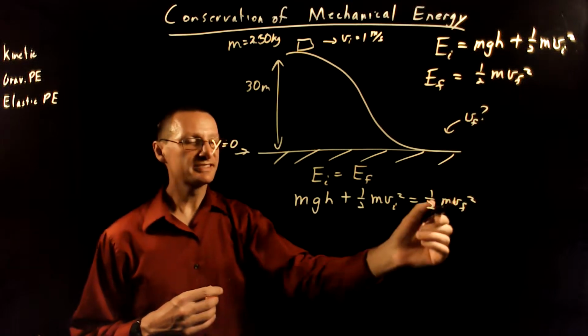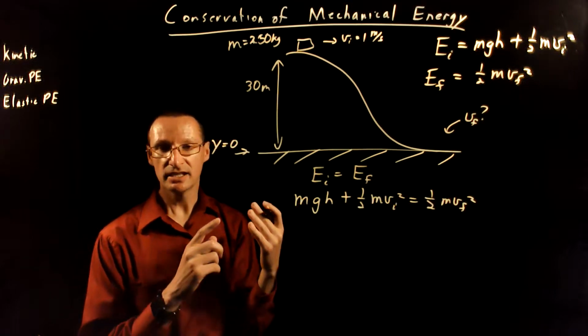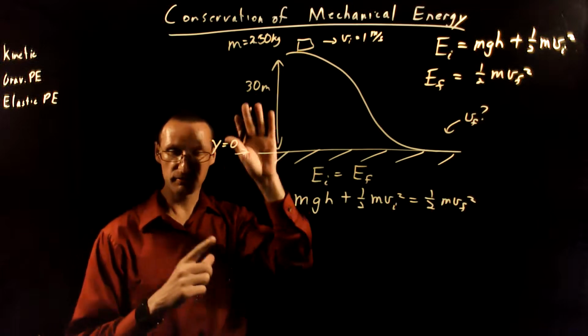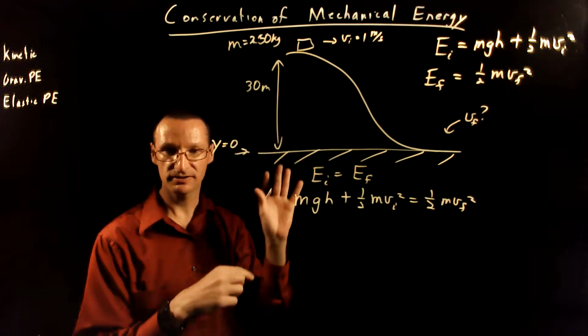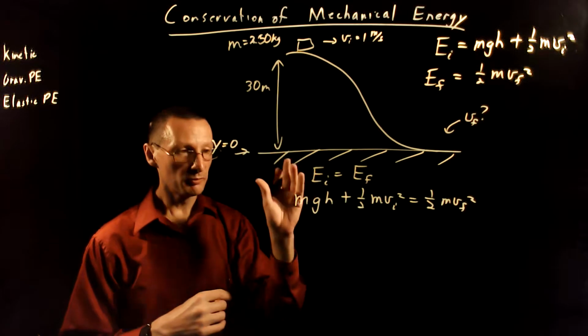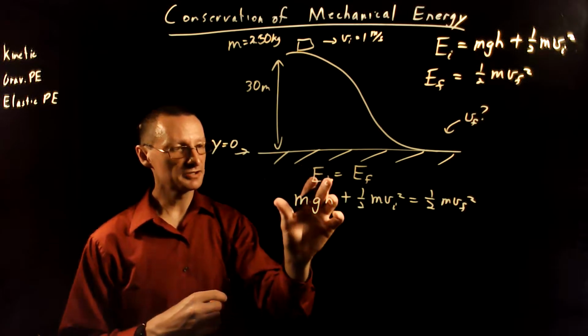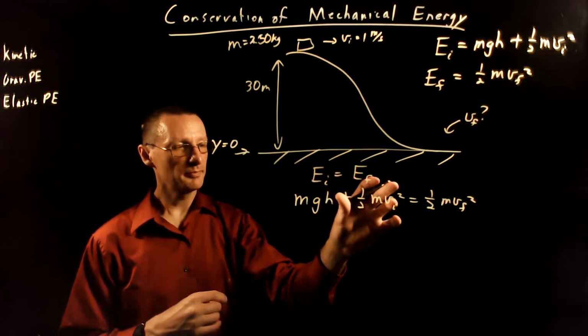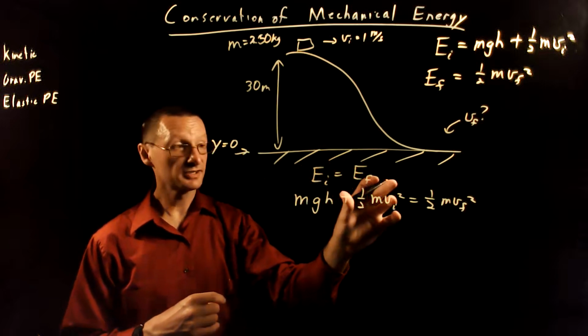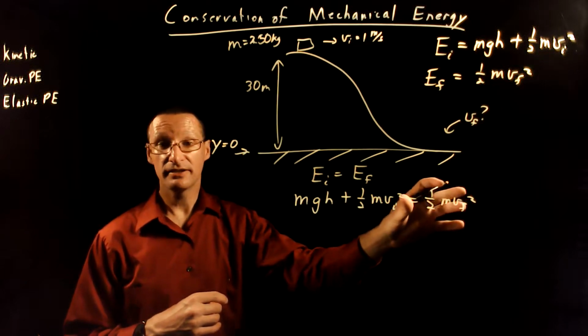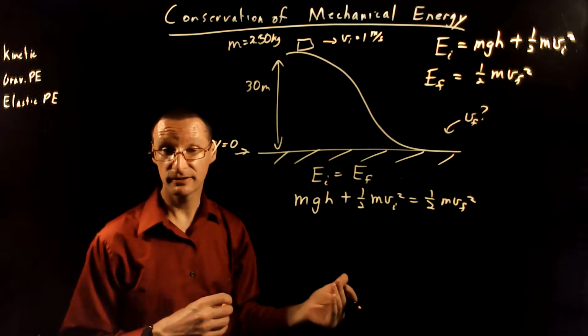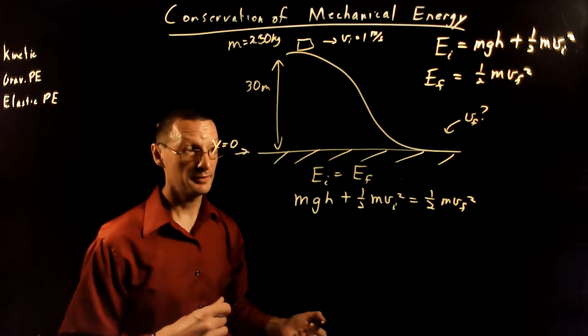Now keep in mind, this equation says the same thing as one of those energy diagrams where we draw the different forms with the circles and the rectangles. What we're really saying here is that gravitational potential energy and kinetic energy of the cart are converted into kinetic energy of the cart at the end, and none of it is converted into other forms like thermal energy.